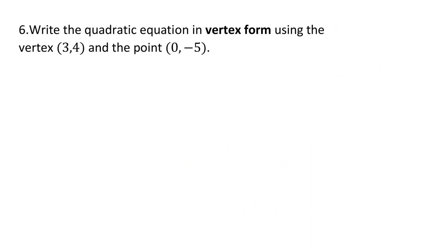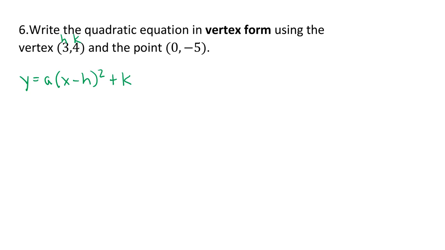Number 6, write the equation in vertex form using the vertex 3, 4 and the point 0, -5. So vertex form is y equals a parentheses x minus h close parentheses squared plus k. Once again, you need to memorize your form, which is written here in green. This one's the vertex form. For the vertex, the 3 is the h, the 4 is the k.